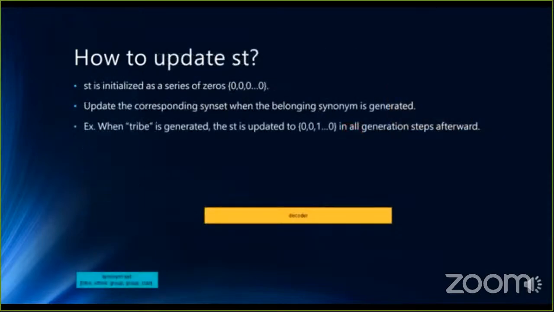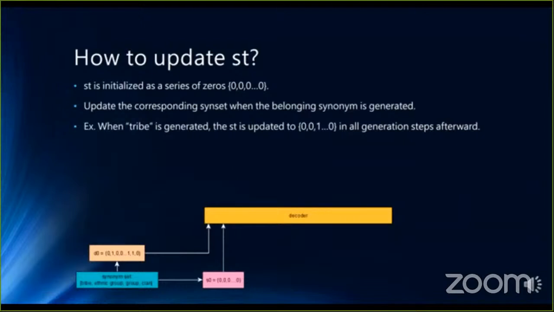Then, how is the vector SD updated? In the beginning of the response generation, we select a certain synonym set and find its corresponding synonyms in D0, which is used to record the information of the assigned synonyms. We also initialize SD as a series of zeros. While generating the response, if any of the synonyms appears, we update the corresponding synonym set in SD.